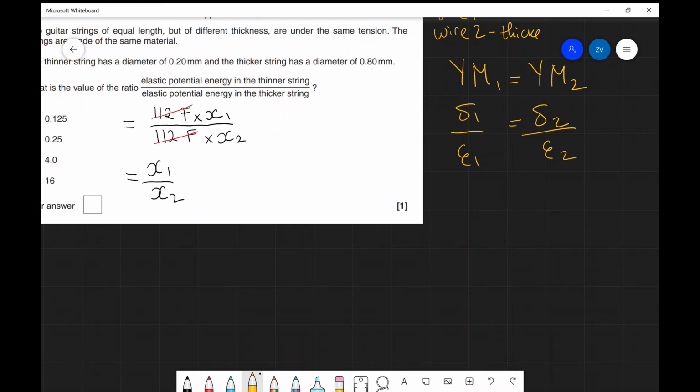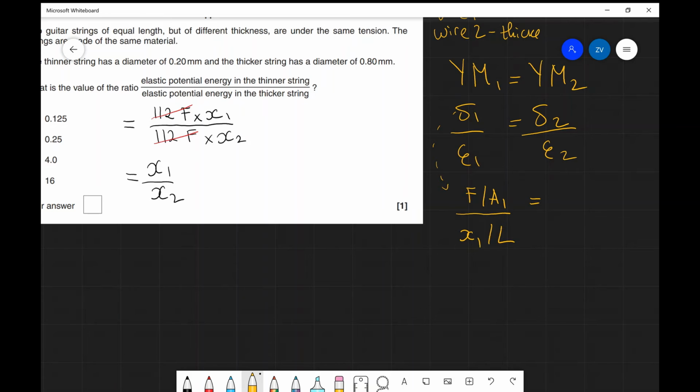We know that stress is force over cross-sectional area. So let's say that F over A1 divided by the strain, which is extension, x1, over the original length. Let's call that L.